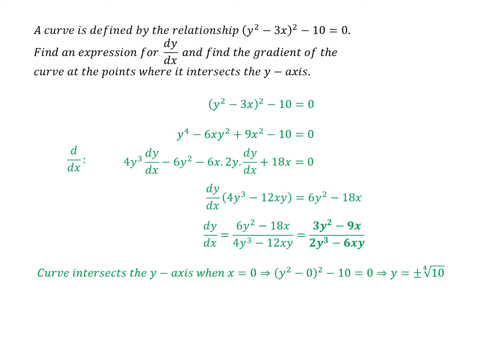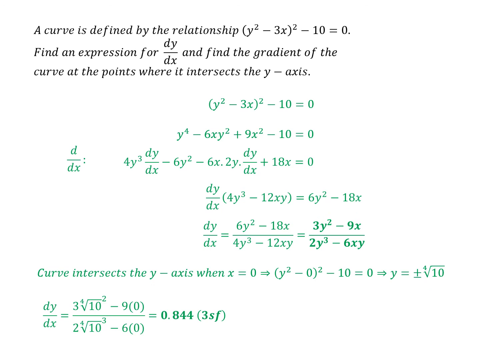So to find the values of the points where it intersects the y-axis, I need to put those two values for y back into my original equation. To find the gradient, we need to put them into the expression for dy/dx.